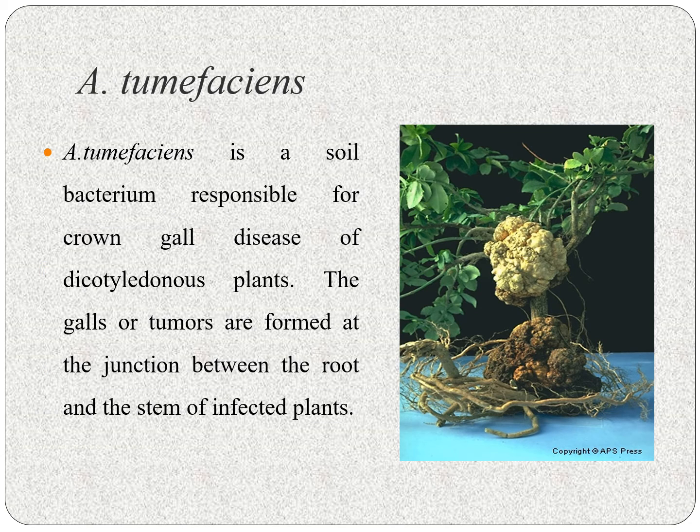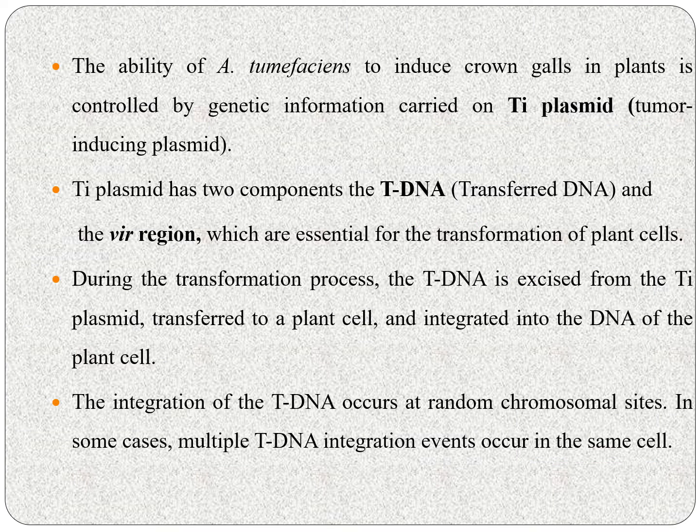Agrobacterium tumefaciens is a soil bacterium responsible for crown gall disease of dicotyledonous plants. The galls or tumors are formed at the junction between the root and the stem of infected plants. The ability of Agrobacterium tumefaciens to induce crown galls in plants is controlled by genetic information carried on the Ti plasmid, the tumor-inducing plasmid.